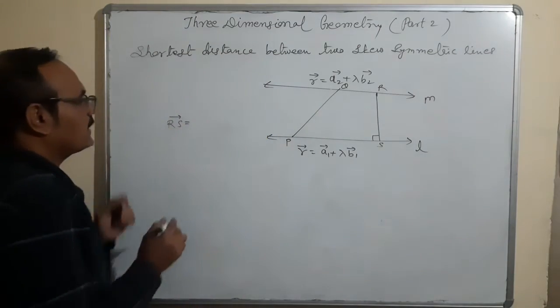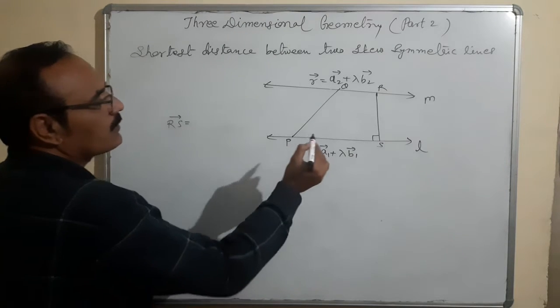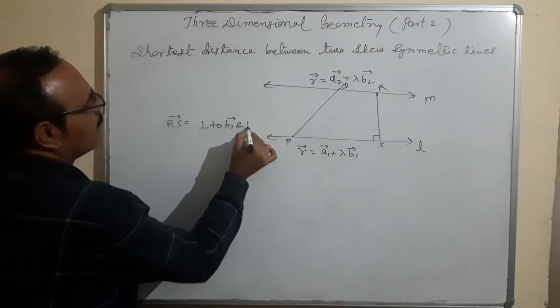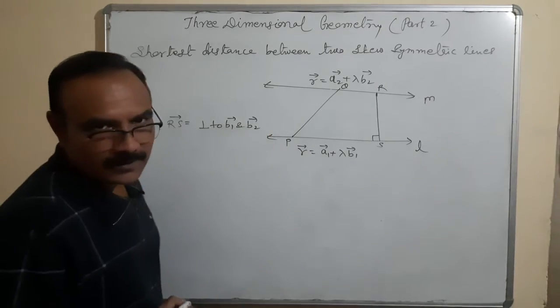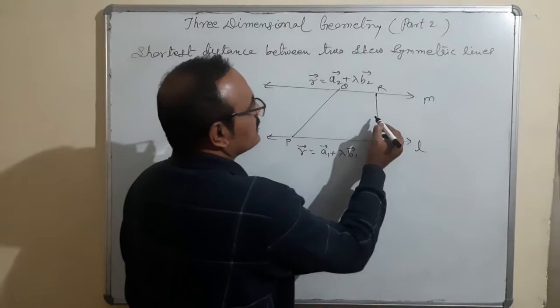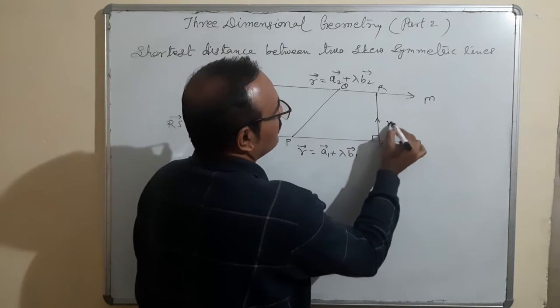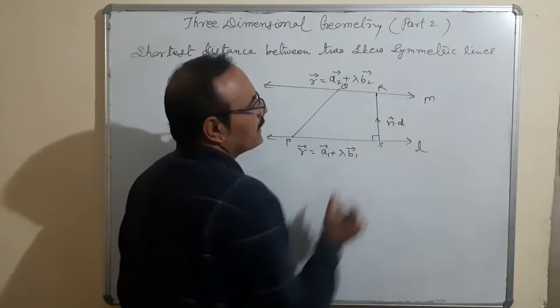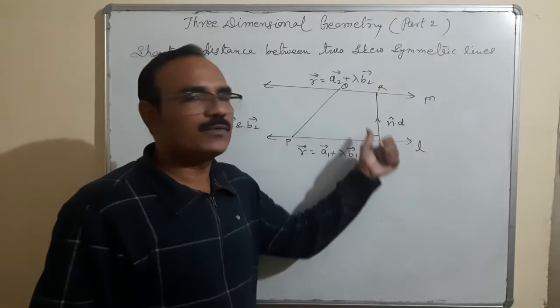So directly I write here RS is equal to d times the unit vector n. Here d is the distance, and n is a vector which is perpendicular to both.